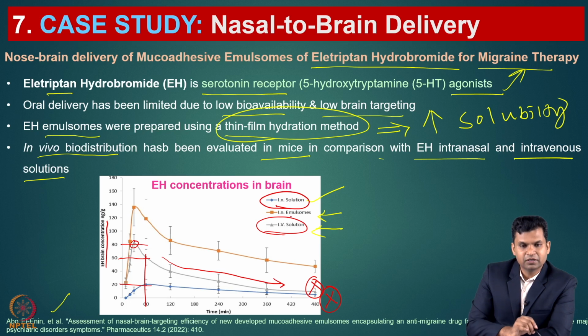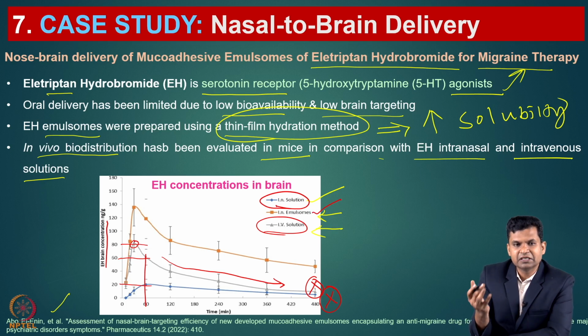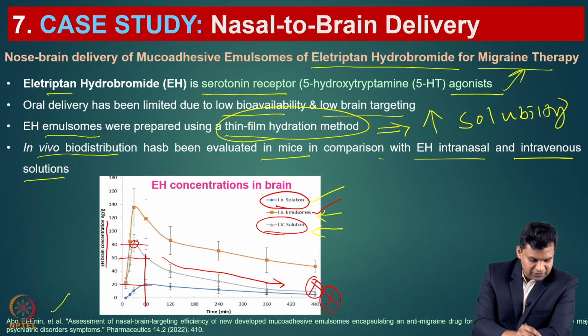Whereas, in the case of emulsomes as a nanosystem, definitely that will improve the solubility, and it will also help with targeting. Now we can see the improvement, going from 80 to 140.